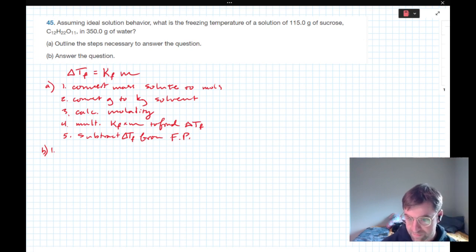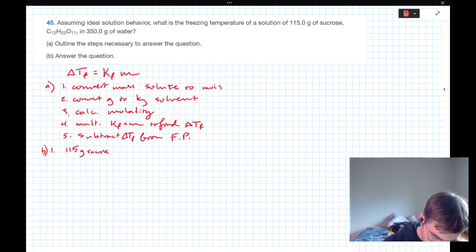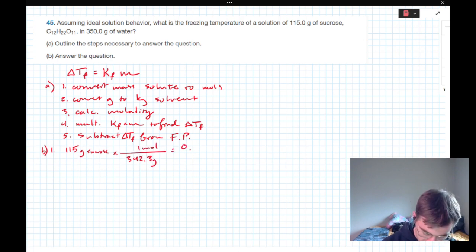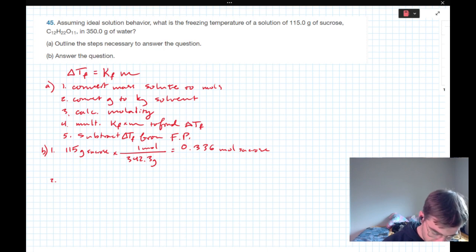Let's run the numbers. So we have 115 grams of sucrose. I've already calculated this for you, but your molar mass is 342.3 grams per 1 mole, which equals 0.336 moles of sucrose. We have 350 grams of water.